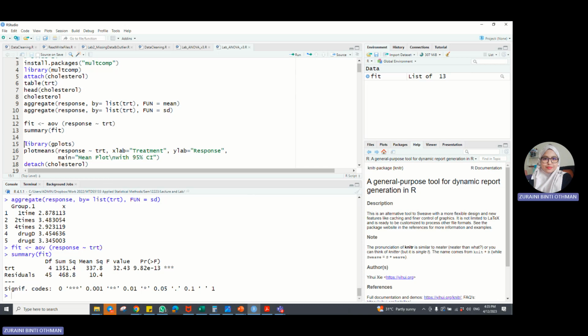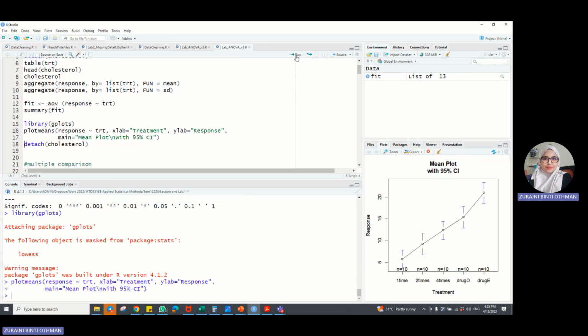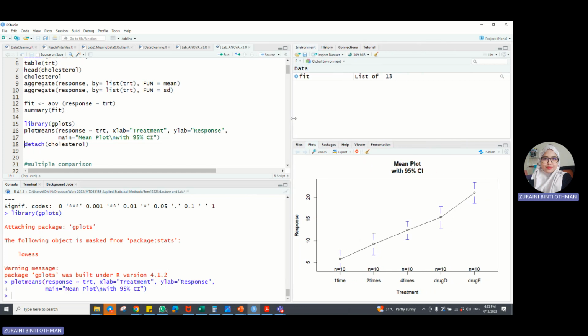Then for this library gplots, we run it because we don't have it yet. So we have to run the library and plotmeans. Here we want to plot group means and confidence intervals, and here you can see the plotted graph. The plotmeans function in the gplots package can be used to produce a graph of group means and their confidence intervals.